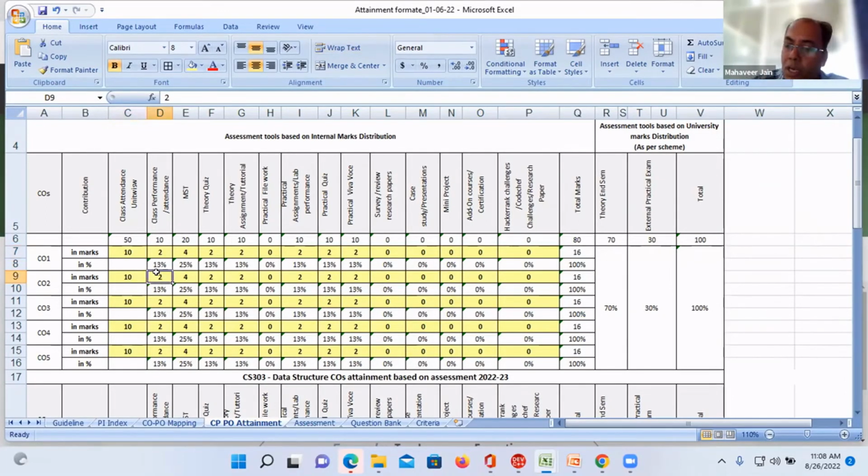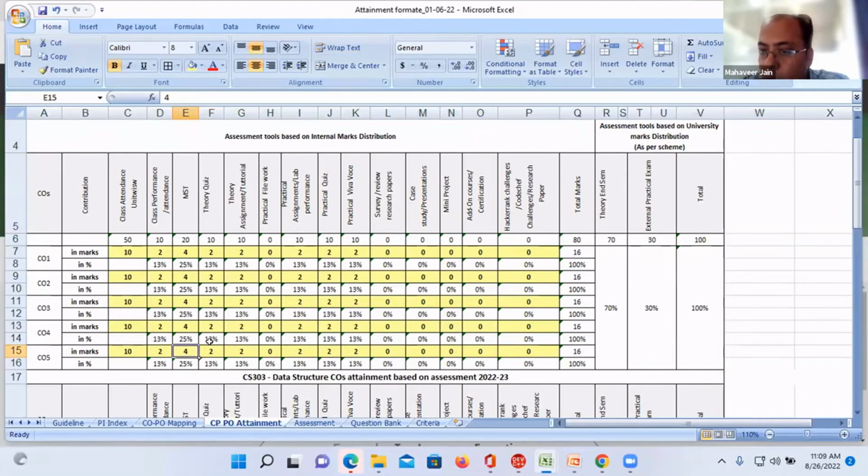Now moving ahead, this is about the MST. If I am conducting the MST in my course, then I need to assign the weightage. Suppose MST1 is for 20 numbers. I need to bifurcate those numbers into the units. For CO1, I assign 4 numbers; CO2 4, CO3 4, CO4 4, and CO5 4.